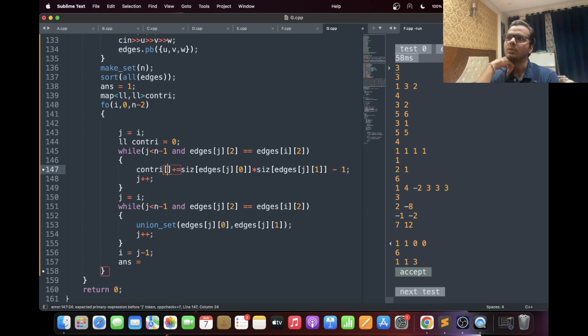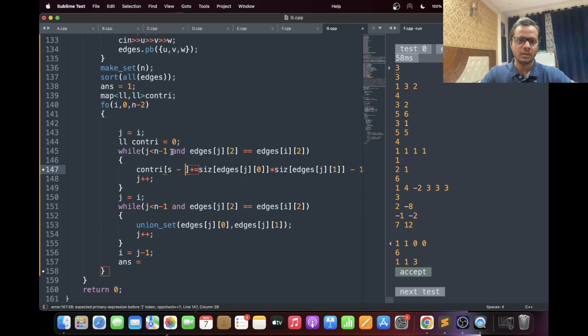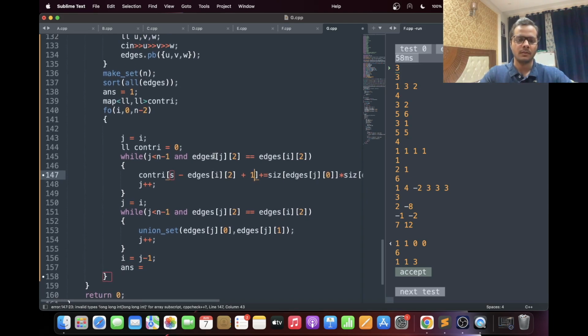What if I decide to not add an edge? Yeah, that's also a choice, right? So I have s minus edges I2 plus 1 choices, right?